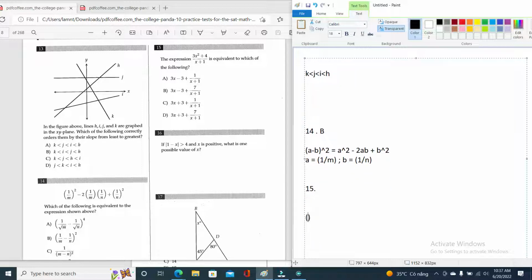So 3x squared plus 4 over x plus 1. This is equal to 3x squared plus 3x.